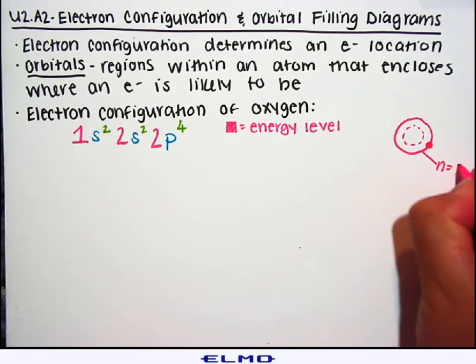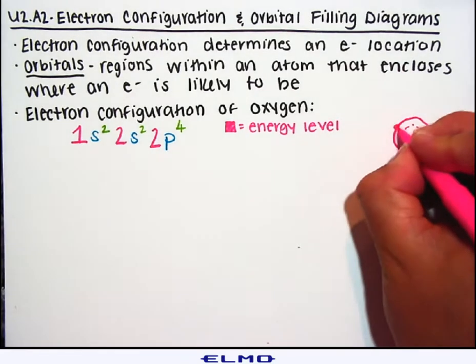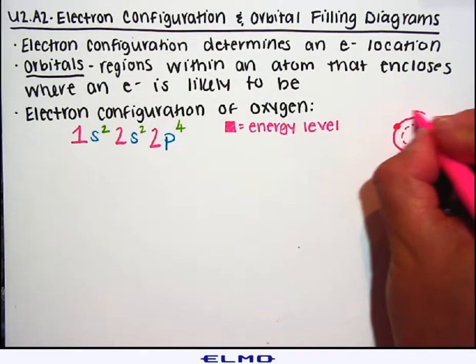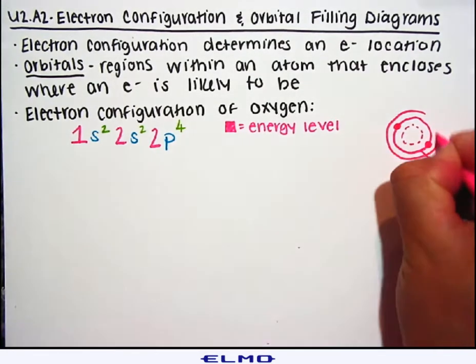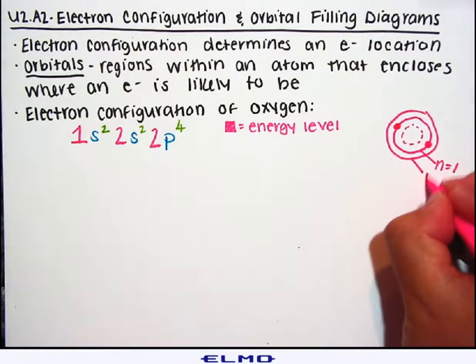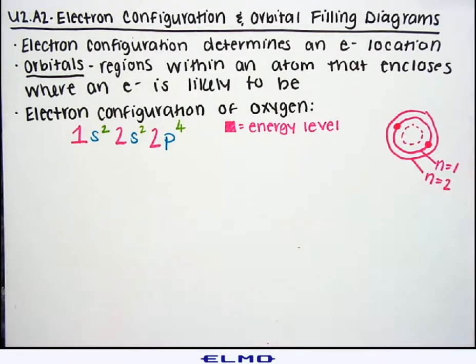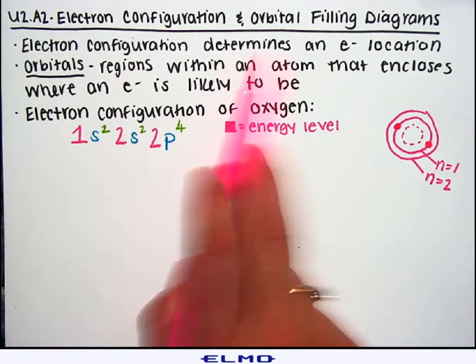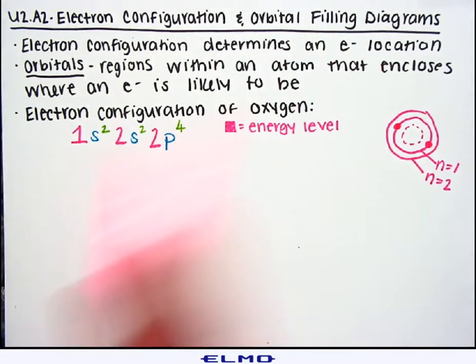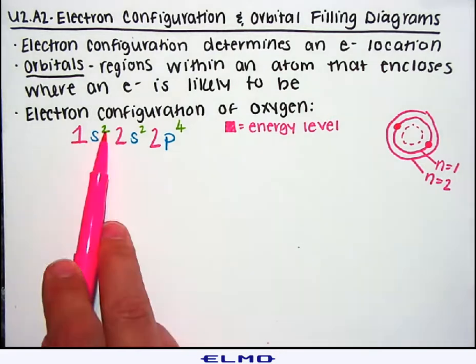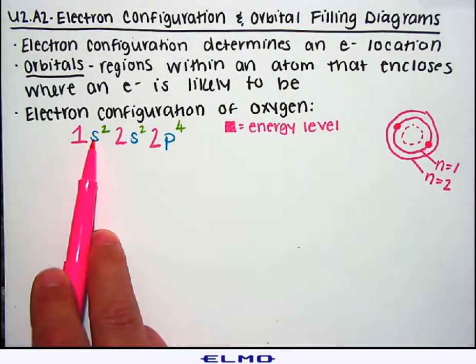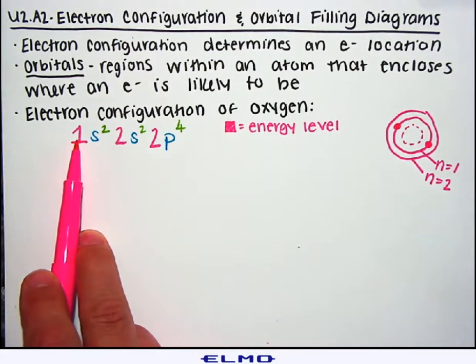So this would be my first energy level, which we know can hold a maximum of 2 electrons. This would be my second energy level, n equals 2. So we said electron configuration determines an electron's location. I know that I have 2 electrons in my s orbital in the first energy level.